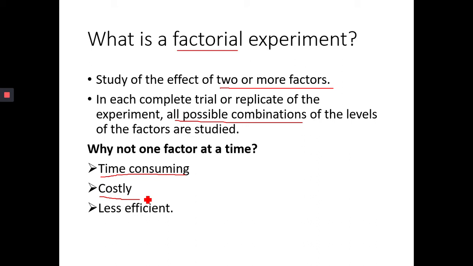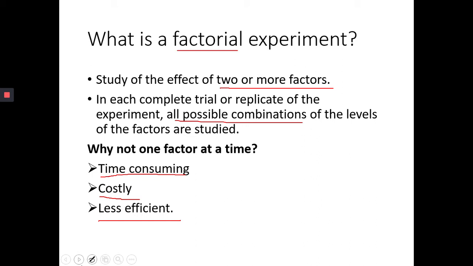As we proceed with the video, I want you to see why I'm saying it is less efficient. In fact, there is a lot of evidence that points to that, as we are going to discuss.